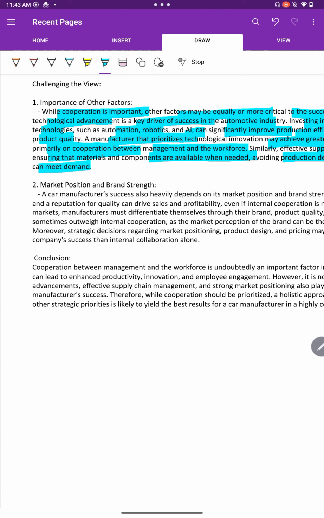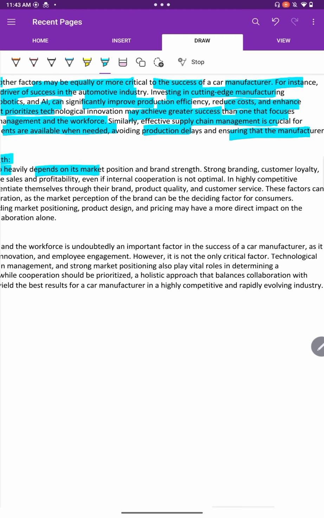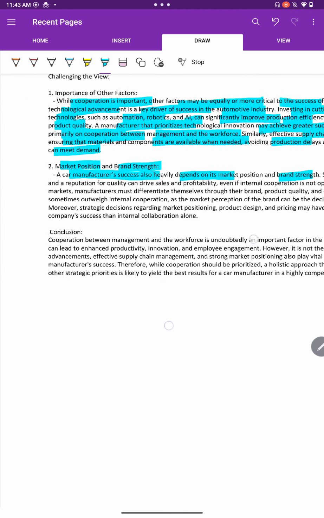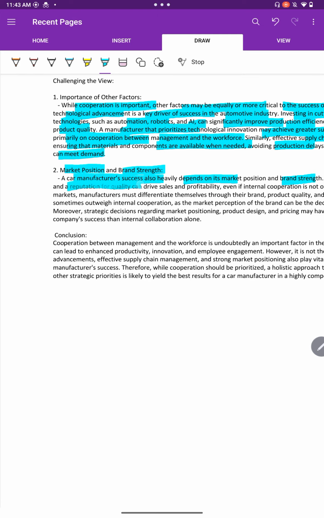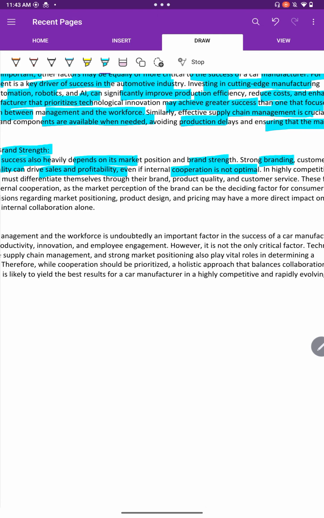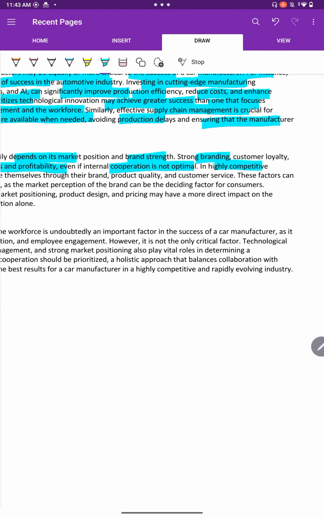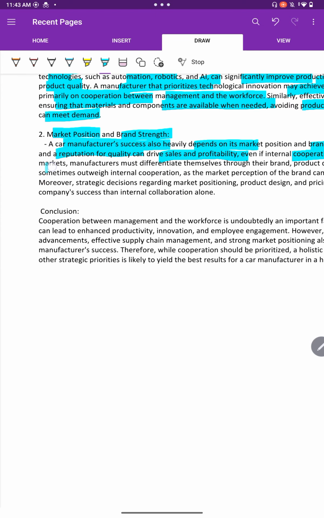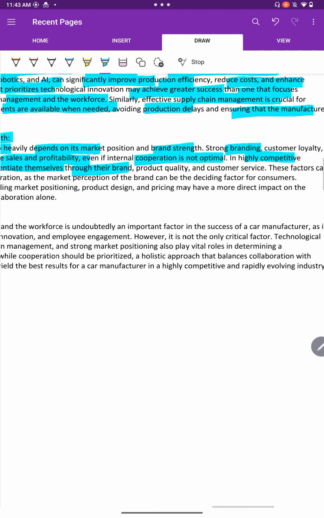The second challenge is market position and brand strength. A car manufacturer's success also heavily depends upon its market position and brand strength. Strong branding, customer loyalty, and a reputation for quality can drive sales and profitability even if internal cooperation is not optimal. In highly competitive markets, manufacturers must differentiate themselves through their brand, product quality, and customer service.